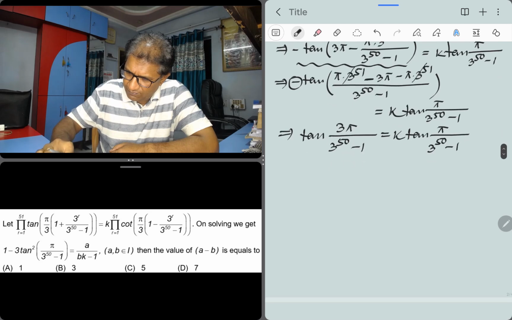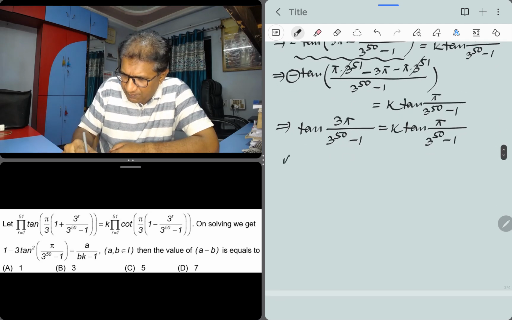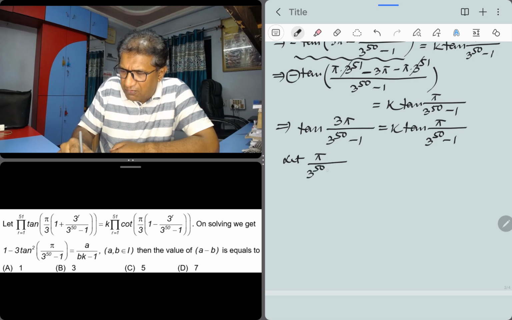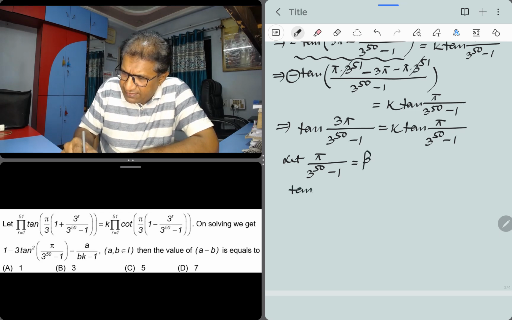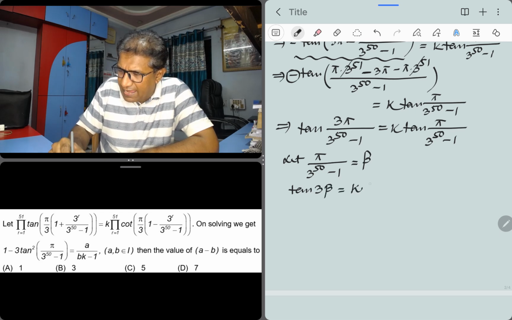Okay. Now, let us say pi over 3 to the power 50 minus 1 is a constant. Let us say this is nothing but your beta. So, we are having tan 3 beta equals k times tan beta.